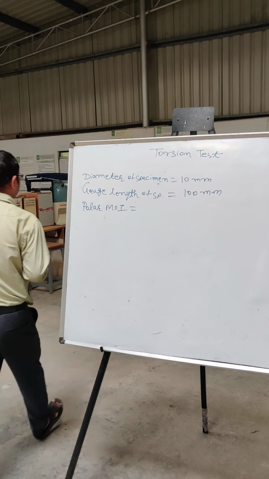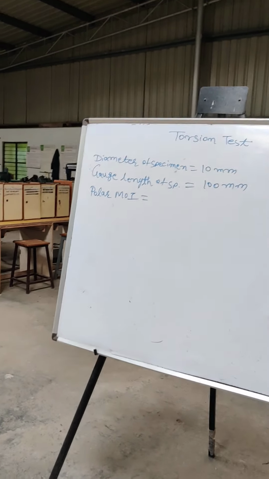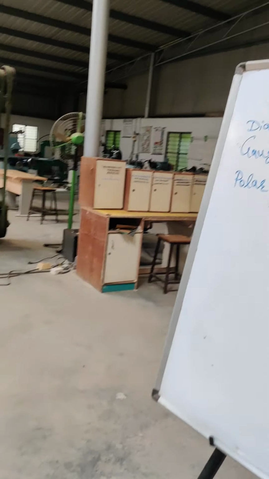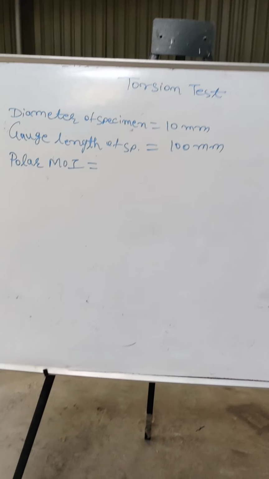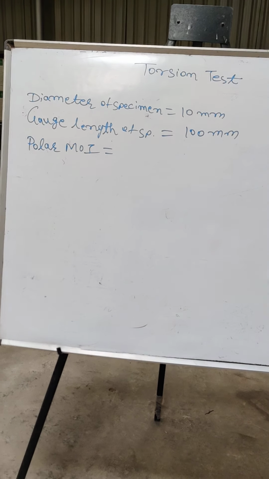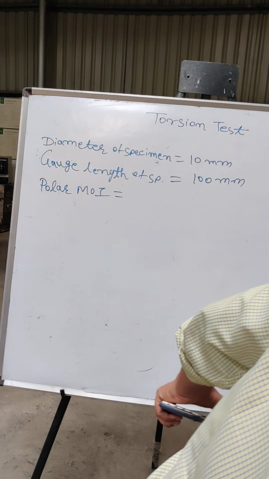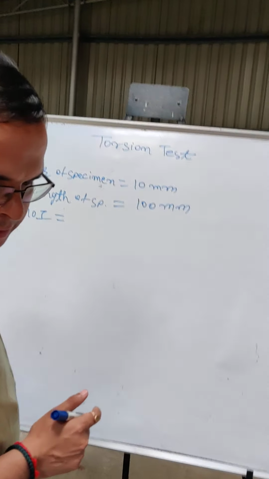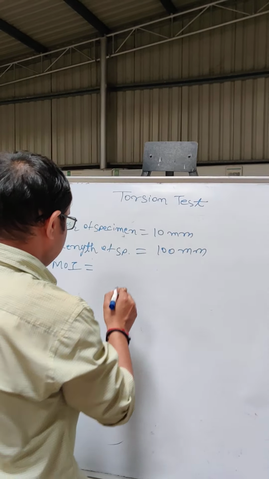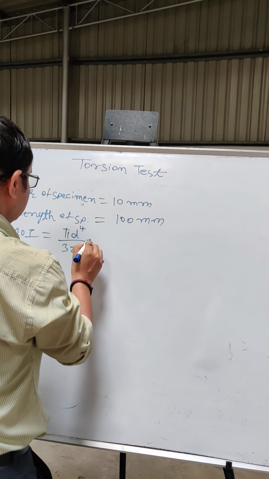So what is polar moment of inertia? Polar moment of inertia is equal to pi d to the power 4 upon 32.